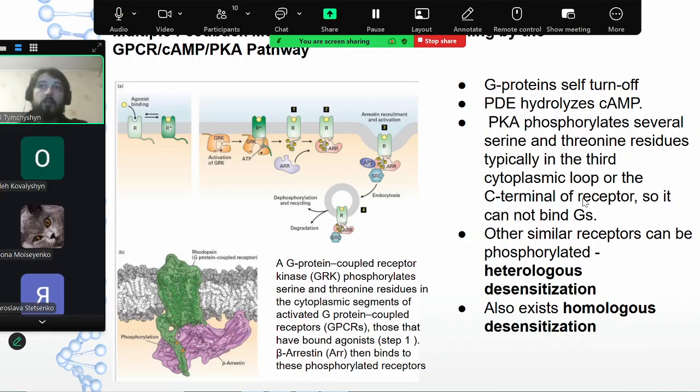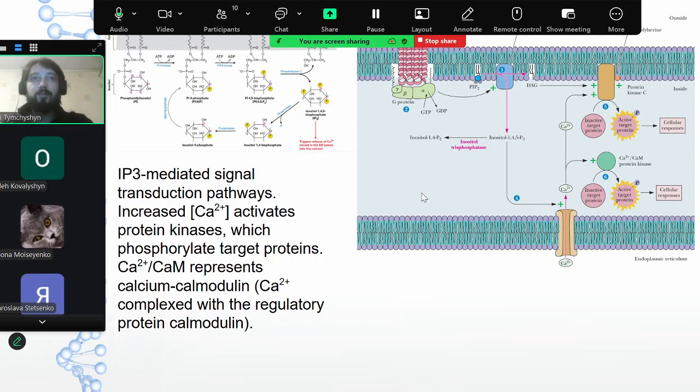Other similar receptors may be phosphorylated, so you may have so-called heterologous desensitization, when different receptors are desensitized in response to activation of one of them. And of course there also exists homologous desensitization. A complicated word. Good.